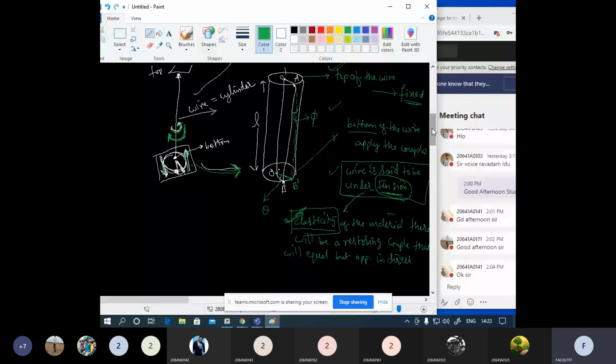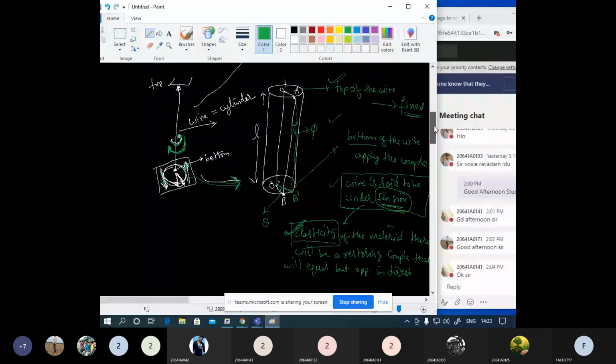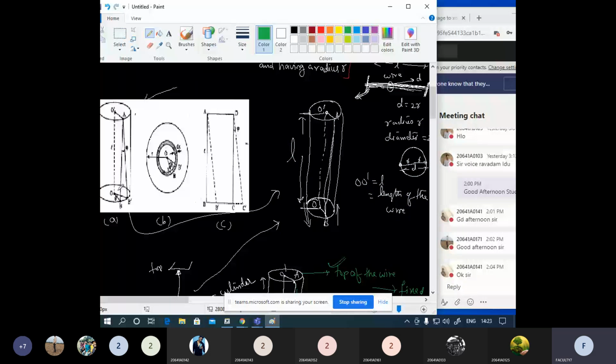Identify here, you are going to get a triangle, and here this is another triangle. So you have two triangles, and depending on these two triangles we are going to get the derivation.